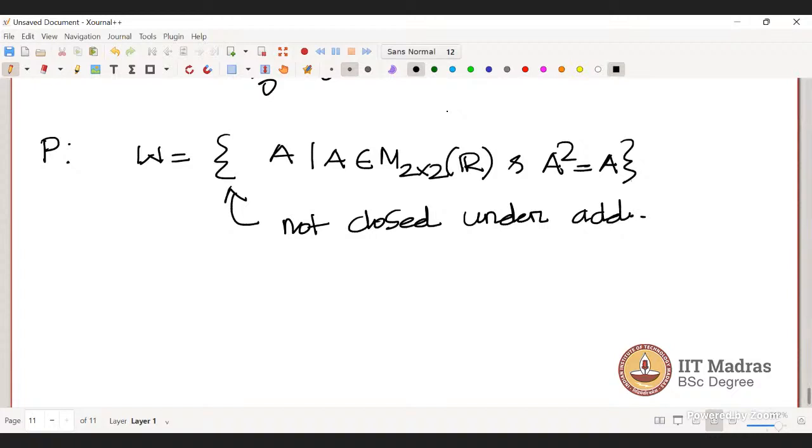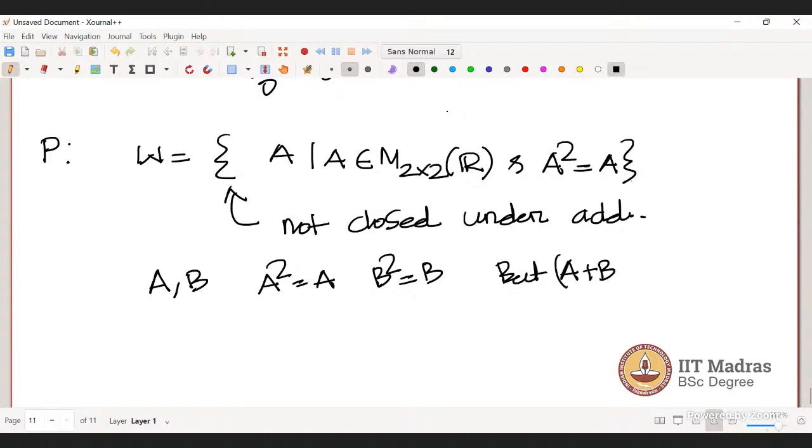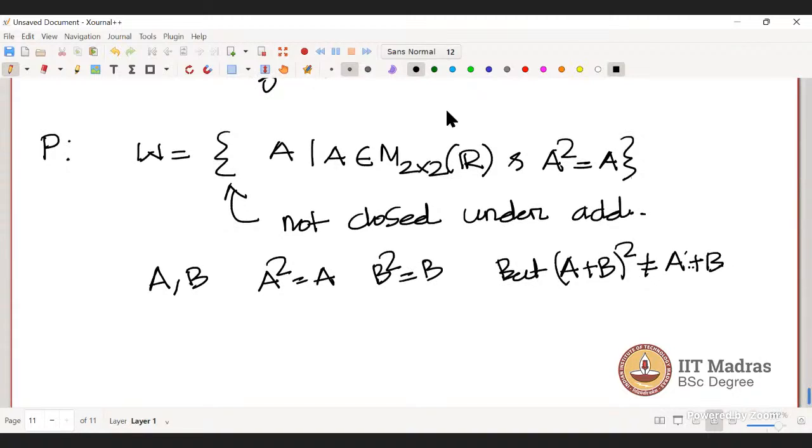You can find 2 matrices A and B so that A square is A and B square is B, but A plus B whole square is not equal to A plus B. It's not difficult. You need to pick some matrices and you will get it. So that's why it's not a subspace.